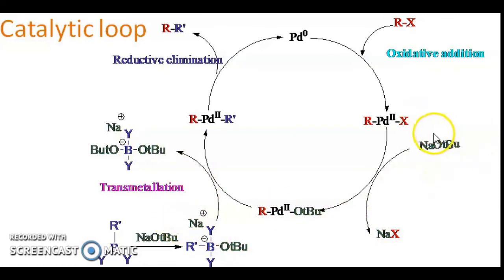Now here, initially the base abstracts the halogen from the oxidative addition product, and the anion of the base gets added on to the palladium. Also, another mole of base activates the boronic acid.